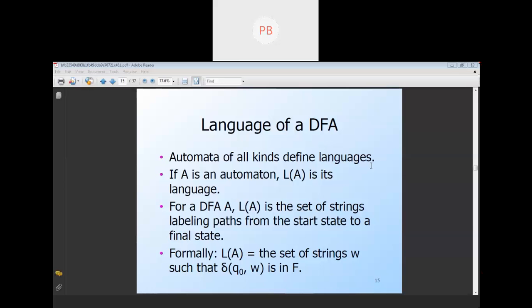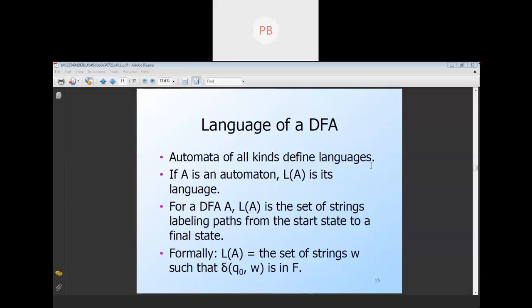Similarly, here also we need some language to represent the study of the machine. That's why if A denotes the machine under study, then L of A is its language.